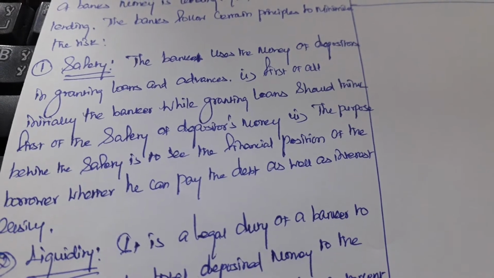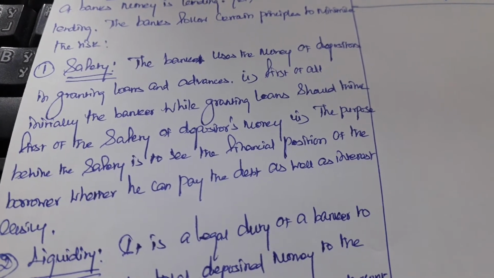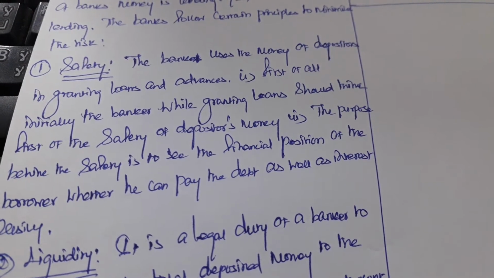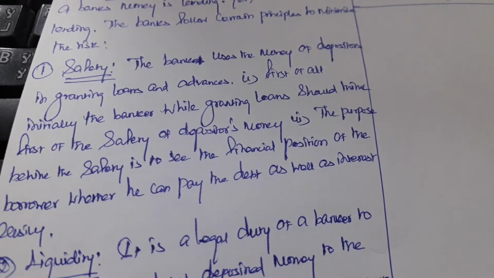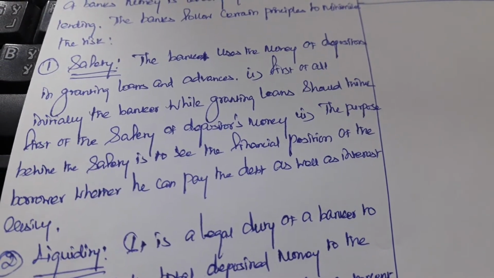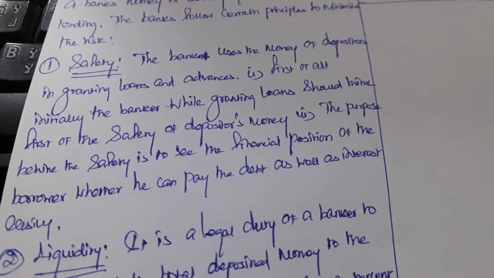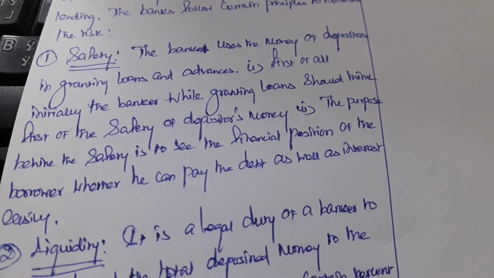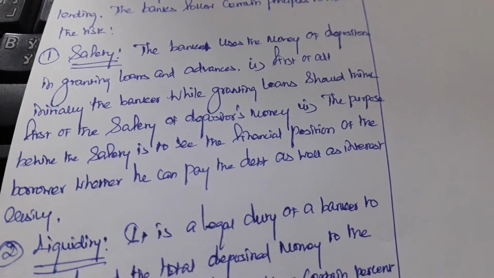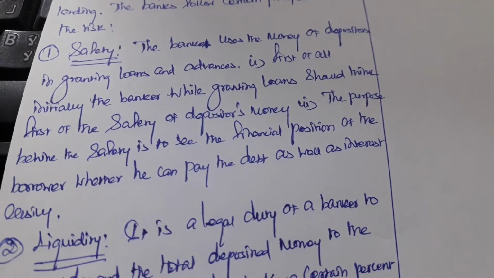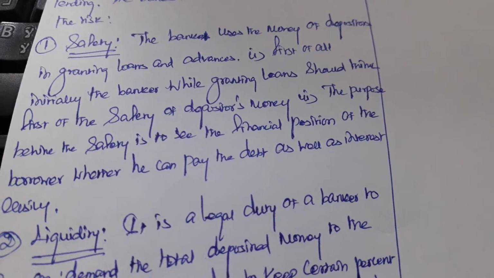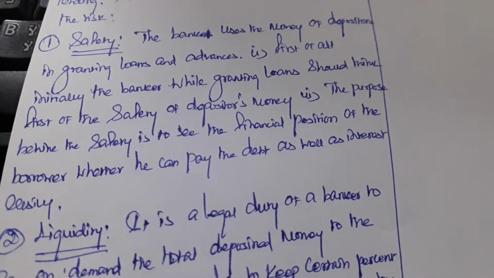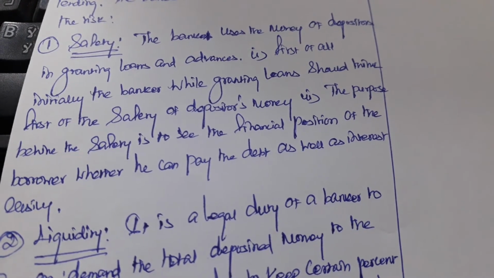The banker's first duty is to think of the safety of the depositor's money. How to save the depositor's money? The purpose behind the safety is to see the financial position of the borrower, whether he can pay the debt as well as interest easily.